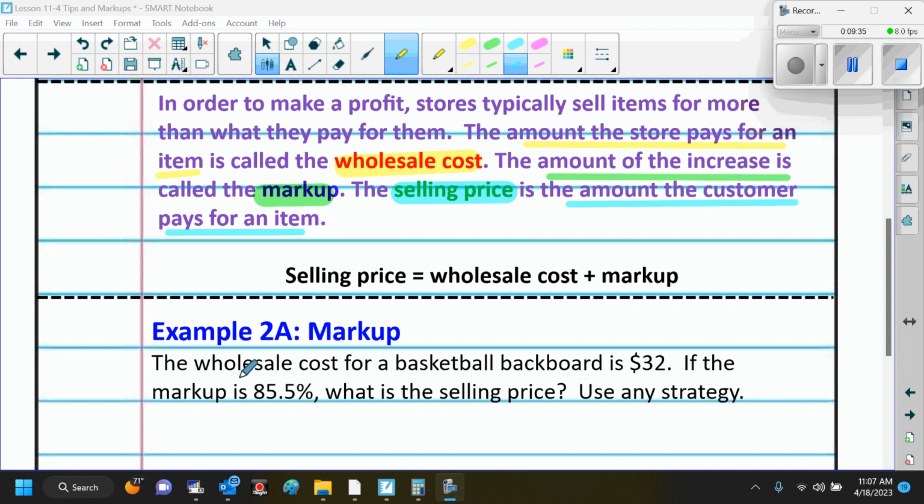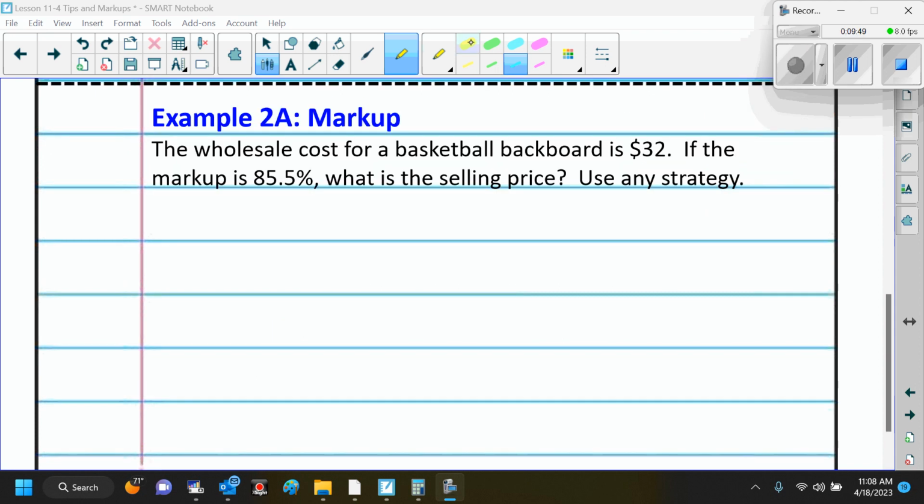So it says here, for example, 2A, the wholesale cost of a backboard is $32. If the markup is 85.5%, what is the selling price? So the important information is that the wholesale cost for this basketball backboard is $32.